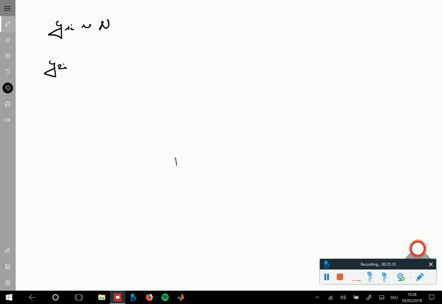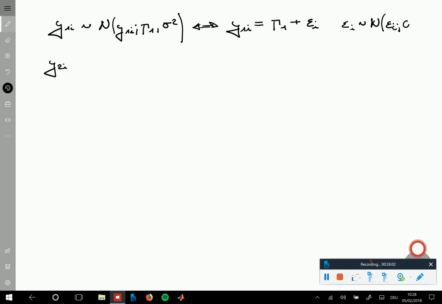So y1i is a realization of a normally distributed random variable with an expectation parameter mu1 and a variance sigma squared, which, again from my probabilistic versus structural viewpoint, corresponds to the idea that y1i is given by the expectation parameter mu1 plus an error contribution, where the error is distributed according to a univariate Gaussian with zero mean and variance sigma squared.